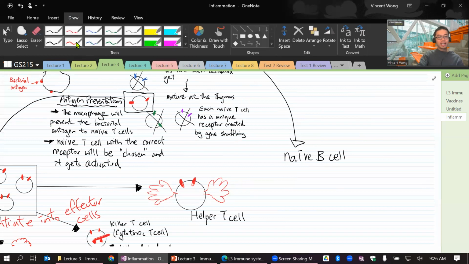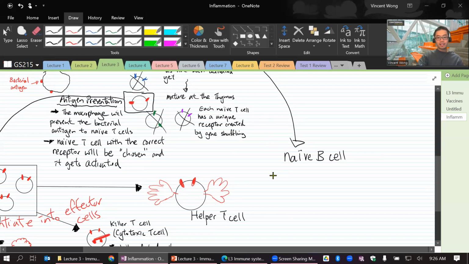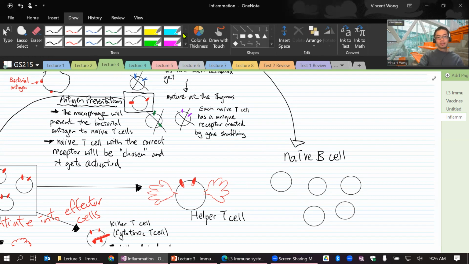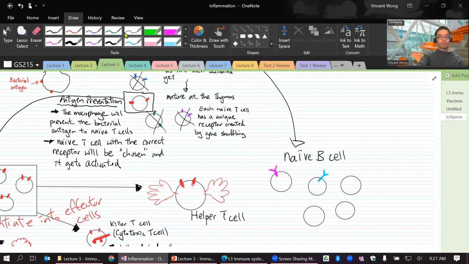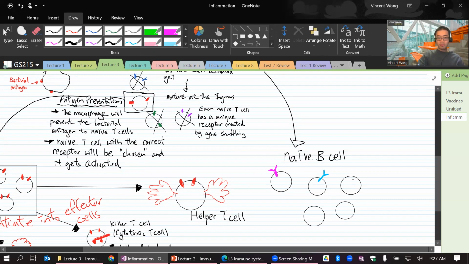And just like the naive T cell, the naive B cells are going to have a population, and they have unique antibodies, unique receptors that will correspond to the antibodies. I'm just going to use the Y to represent them. Maybe you will have one that has pink antibodies, maybe one that has blue antibodies, and some of it's going to be the same as before, right?